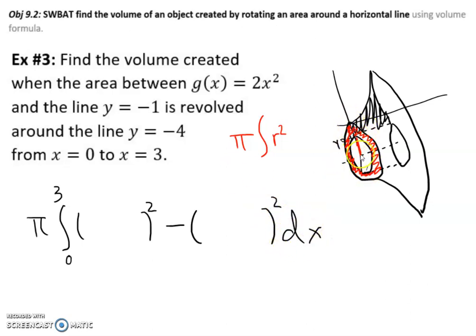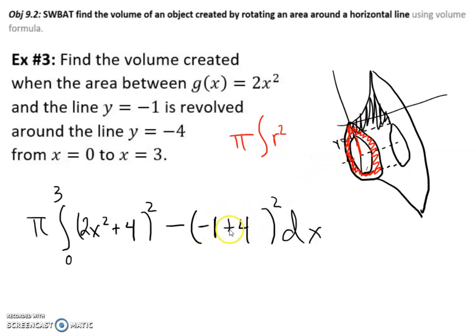The radius of the larger circle is that function 2x squared, and then plus 4, because it's 4 units away from the x-axis. The smaller circle that's being subtracted is -1, which is the y value of that bottom part of it, and then also plus 4, because it's 4 units closer.